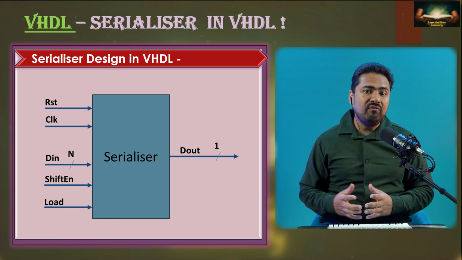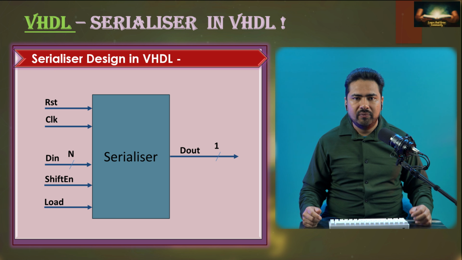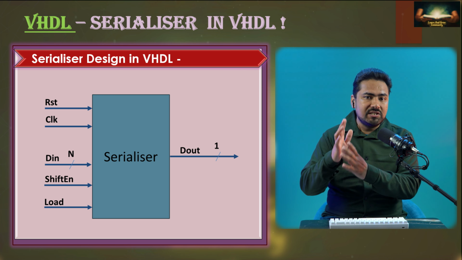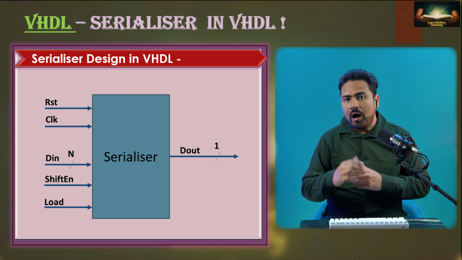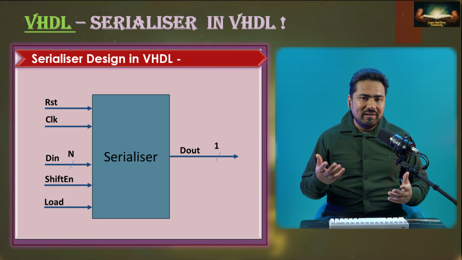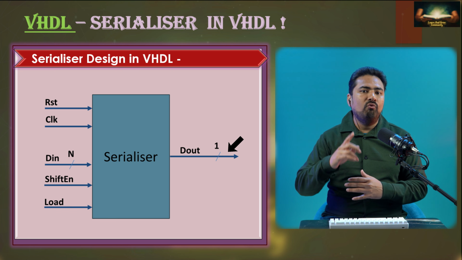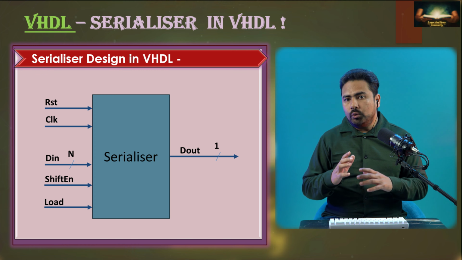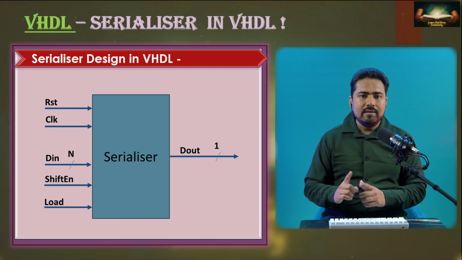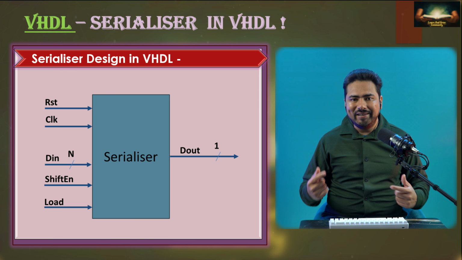But if you have just one single line where you need to send this 32-bit data, then how will you transfer it? Simple, because we assume that one line can carry one bit at a time, you need to send one bit at every clock cycle, right?